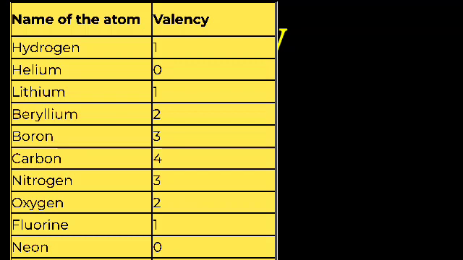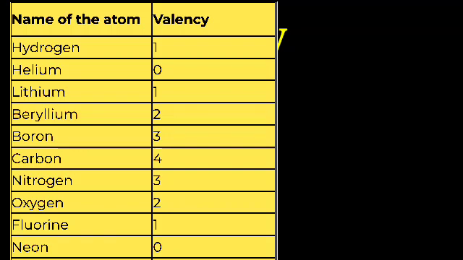Here I have given you elements with atomic numbers from 1 to 10: hydrogen, helium, lithium, beryllium, boron, carbon, nitrogen, oxygen, fluorine and neon.